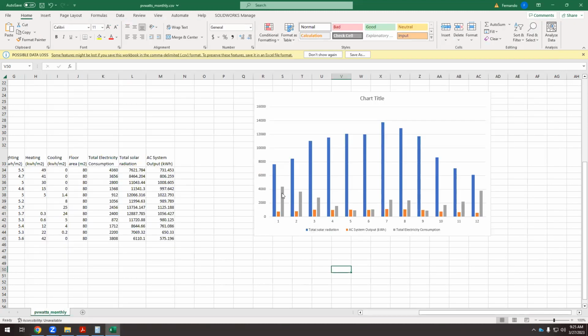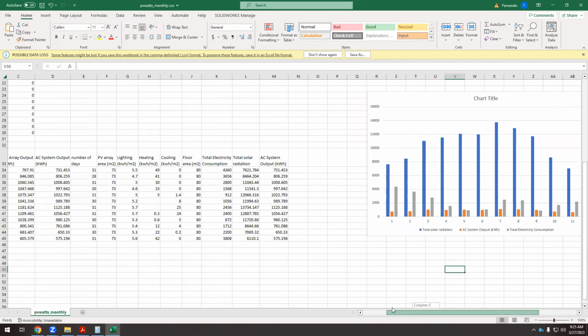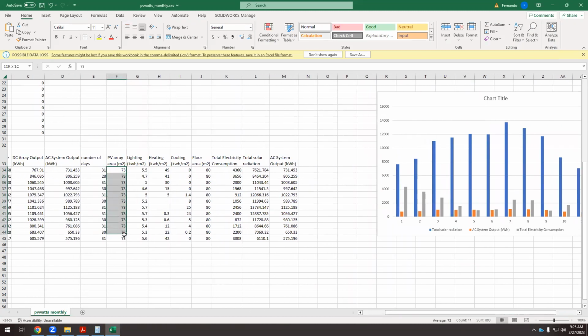So looking at this, we have 73 square meters of PV array on a building that has 80 square meters of floor area.